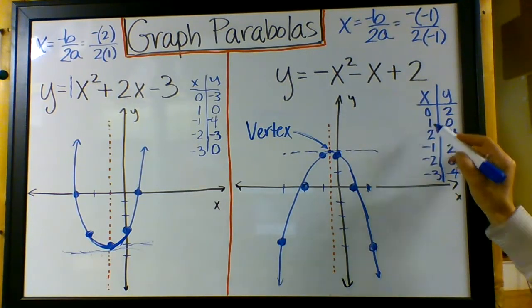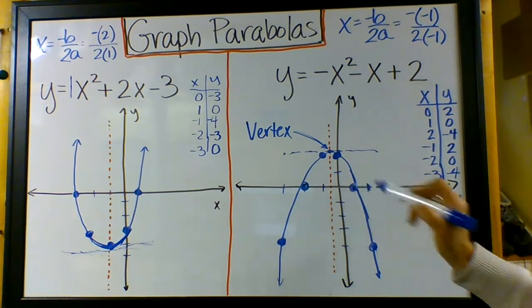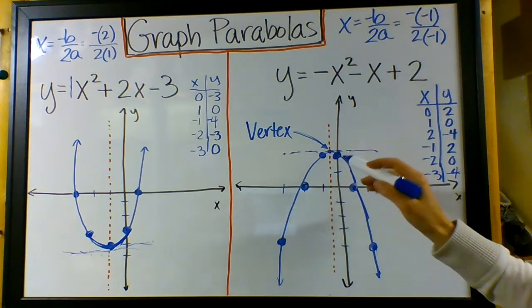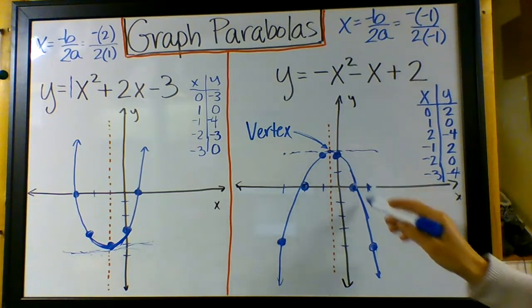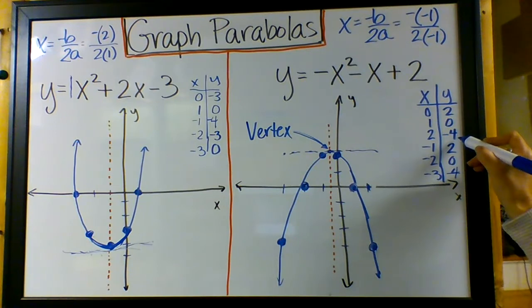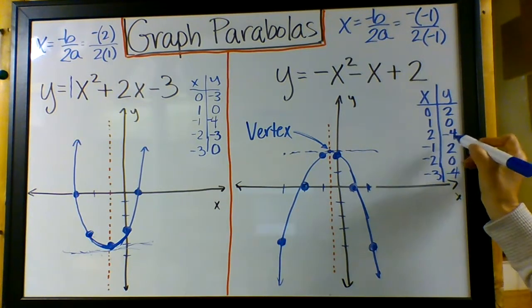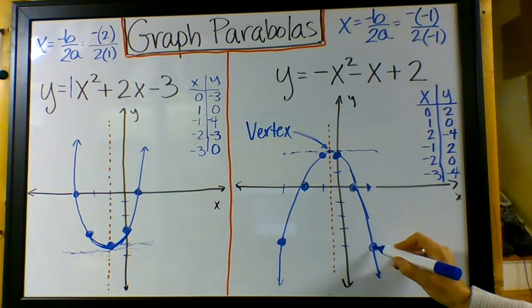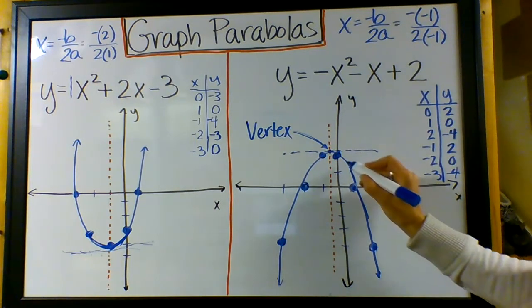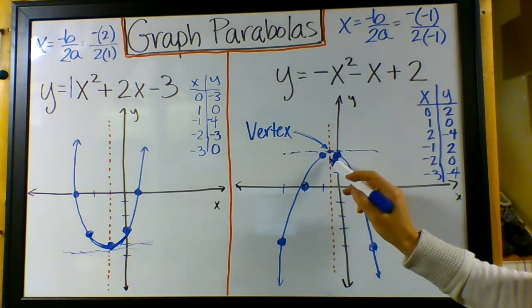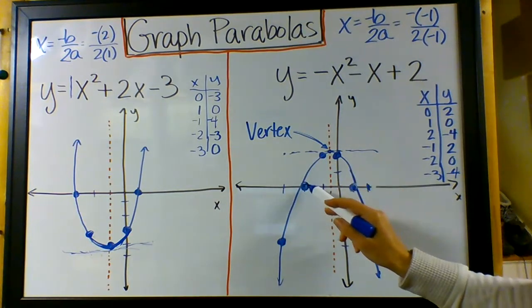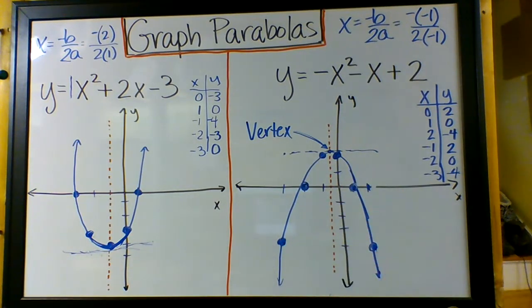I plugged in x equals 1 and I found y equals 0. I plugged in x equals 2 and got y equals -4. It looked like it might be going down this way. This seemed to be curving in, so I just went back over here, -1. I plugged in -2 and -3, all right?